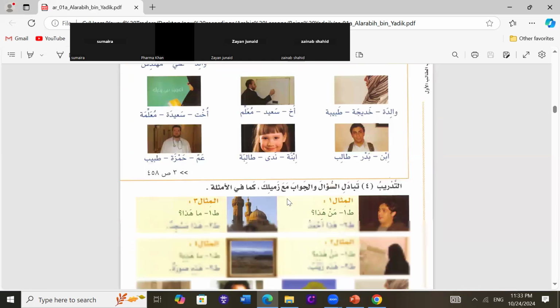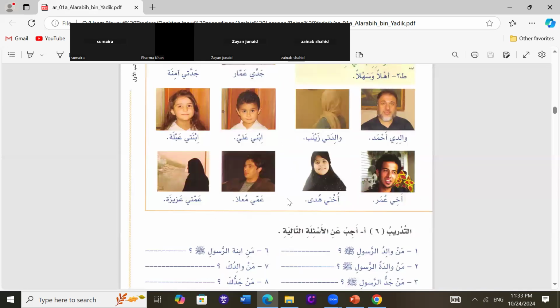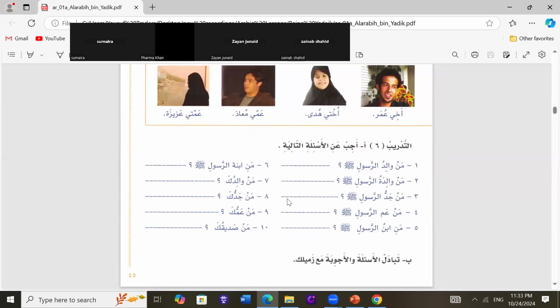See, all of you guys have to check these exercises and let me know if there is any mistake. You can ask me and you can discuss with me. Ajib anil as'ilati taliya. This is the 6th exercise.